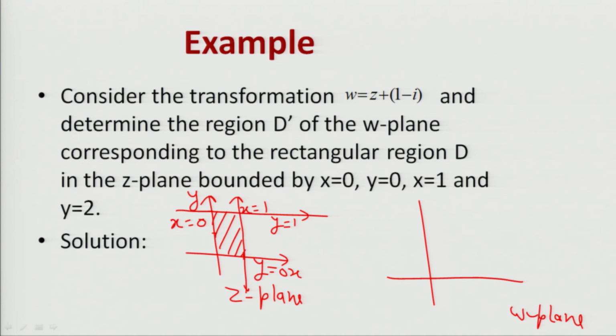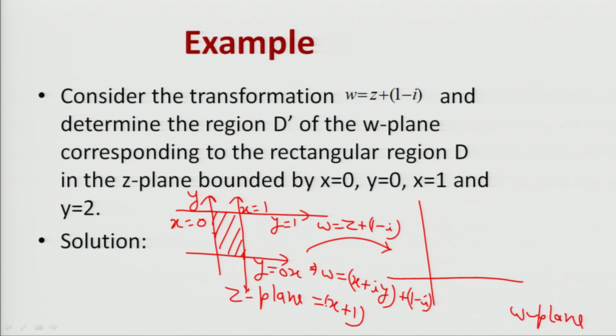When we map it by the mapping w = z + 1 - i, we get w = x + iy + 1 - i, and when you solve it you get (x + 1) + i(y - 1).